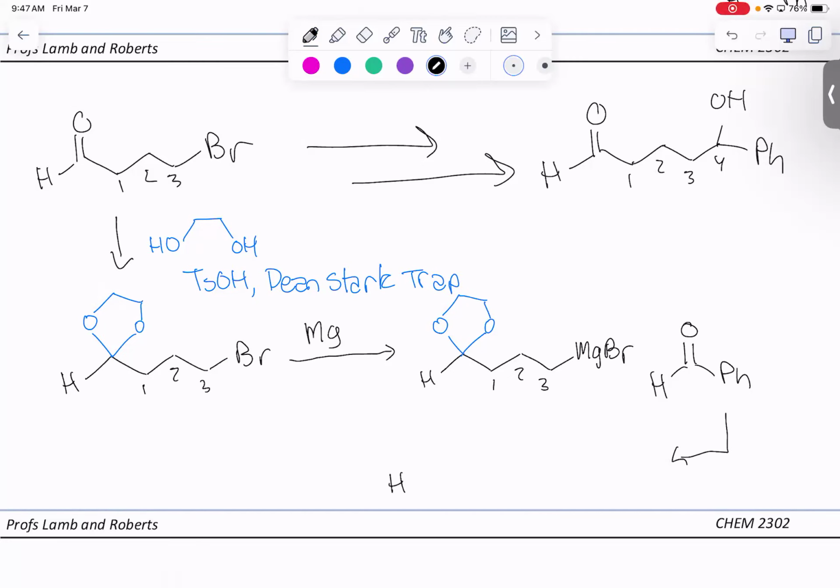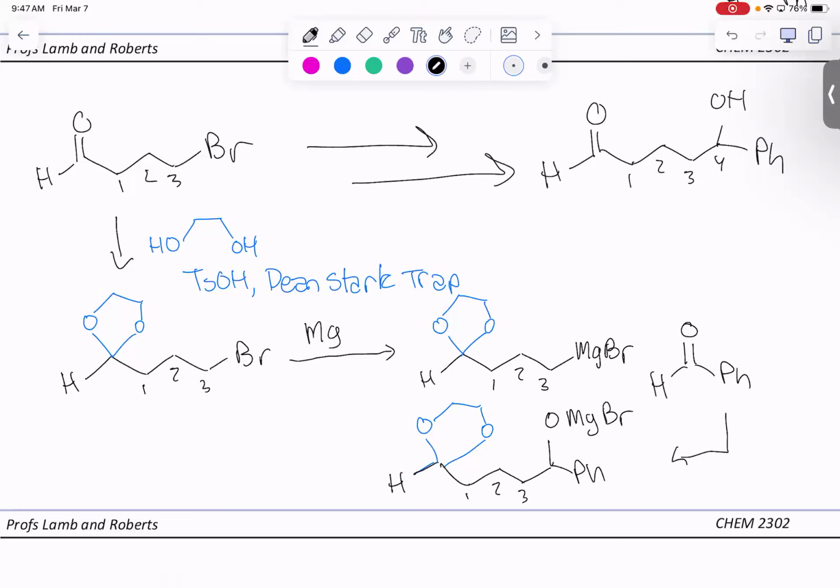We keep our acetal protected. Nothing's happened there yet. Notice I did not add a second step yet for our quenching of our organomagnesium reagent. Added in our carbon, we have an alkoxide. That's our magnesium bromide alkoxide here.